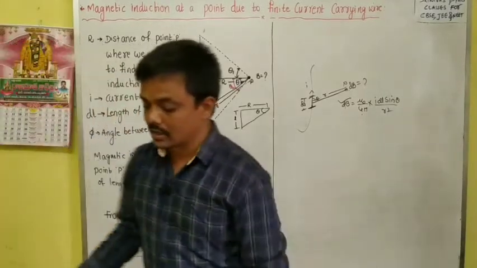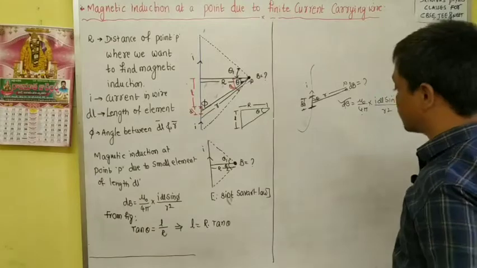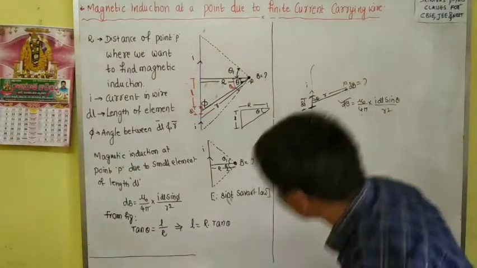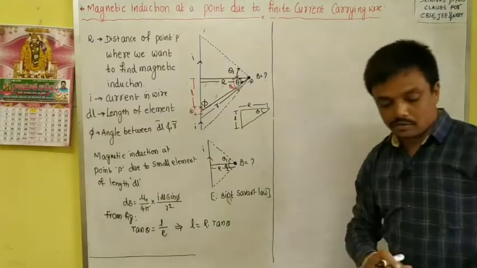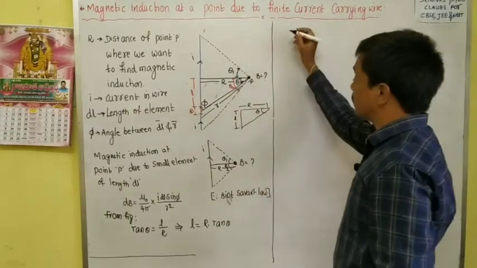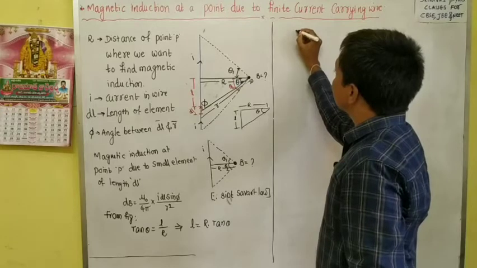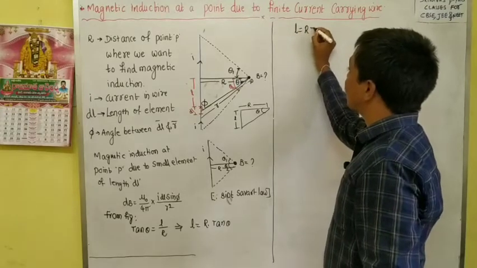Then you can differentiate that with respect to theta. Here L is equal to R tan theta.